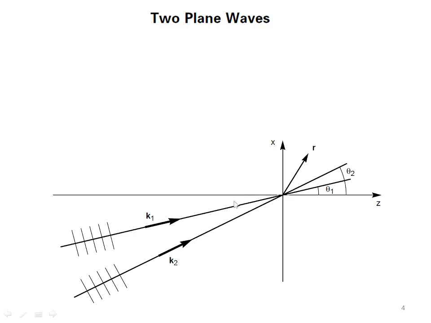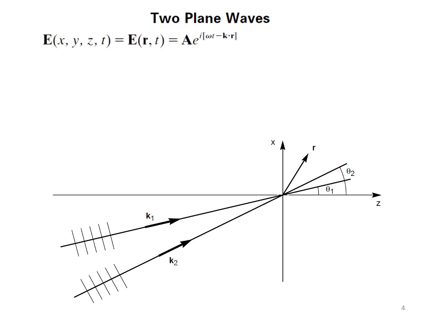Now, let us assume that this first beam is making an angle theta 1 with the z-axis. So this is your z-axis, and the second beam is making an angle theta 2 with the z-axis, and r is some arbitrary vector in the real space. We will be looking at its utility in the coming slide.